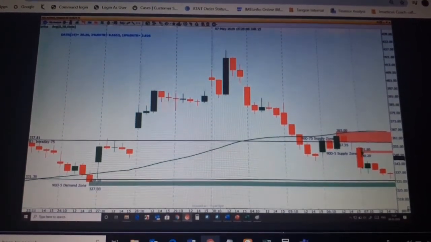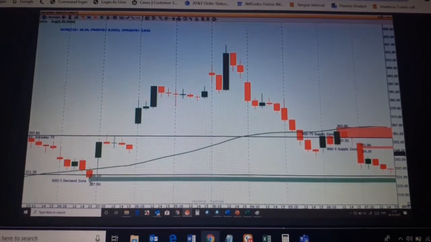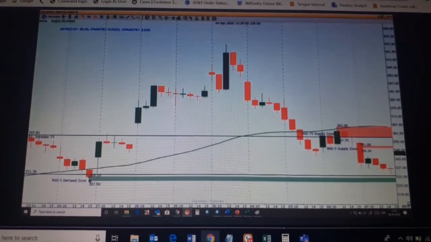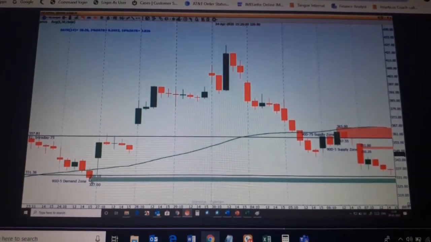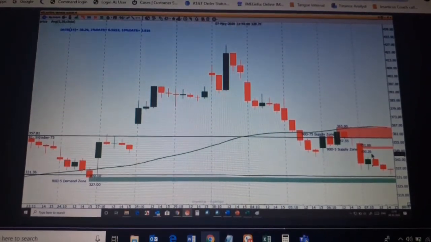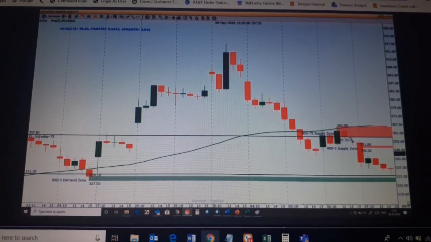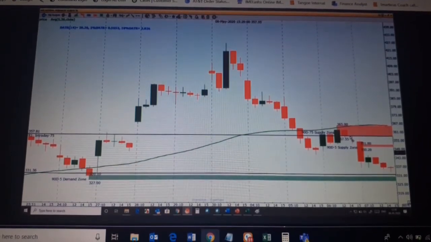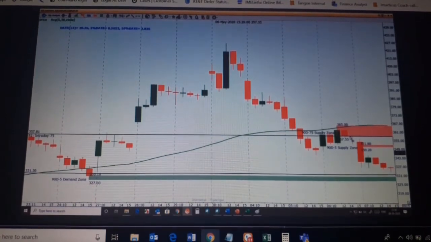High on the curve. Where is the demand zone located? Equilibrium. Okay, equilibrium. Now, what is my trend? Trend is down.